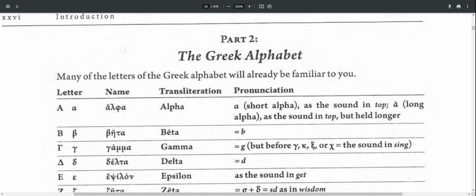You have a table, a chart, with one column for the letter, which has the capital letter and the small letter, and the name of the letter in Greek, and the transliteration, which is when you change one letter from Greek to a Latin letter from the Roman alphabet, the same used in English, or at least in most words, and you have some guides for pronunciation.